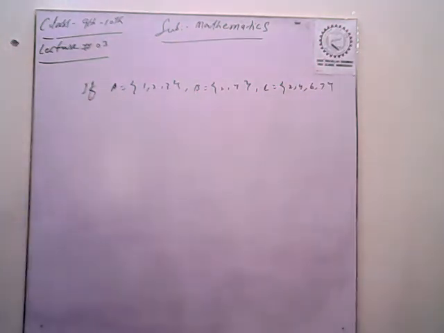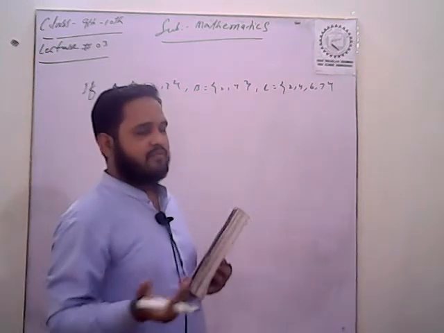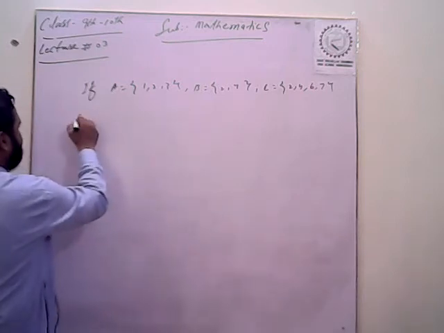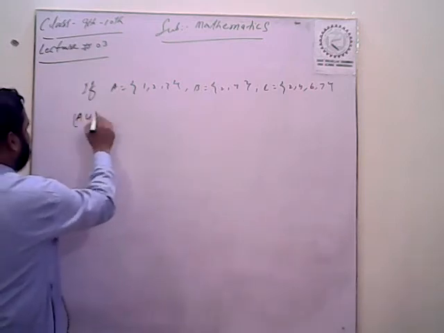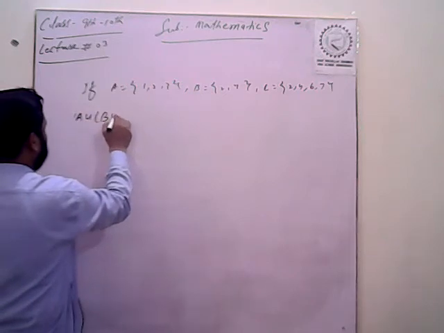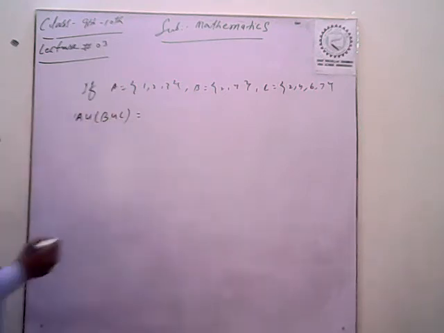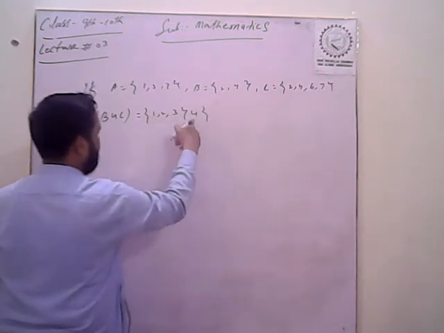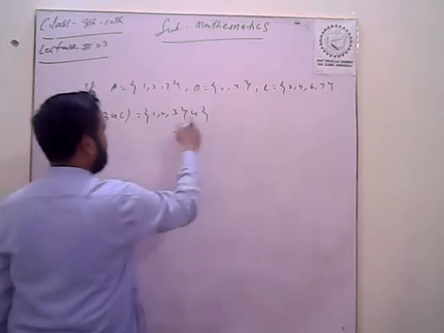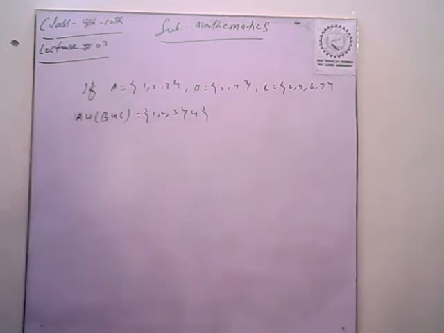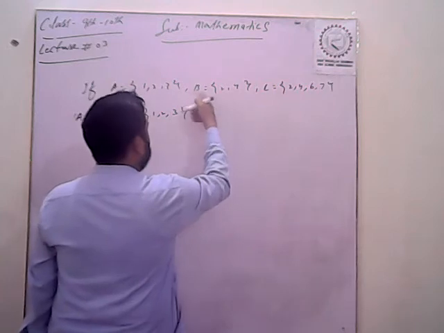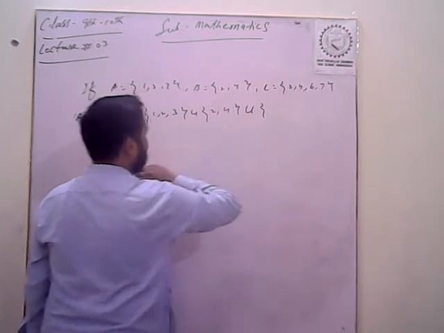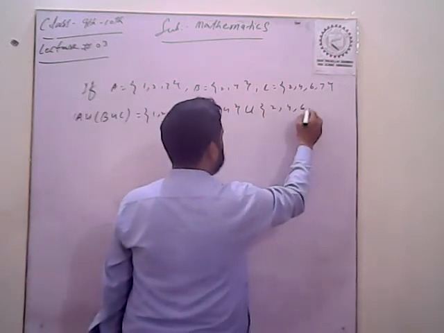Also D may be given, but here we take the union of these sets: A union B union C. A is equal to {1, 2, 3}. Now ∪ means union. This symbol shows the union of sets. B is equal to {2, 4}. Now union, C is {2, 4, 6, 7}.